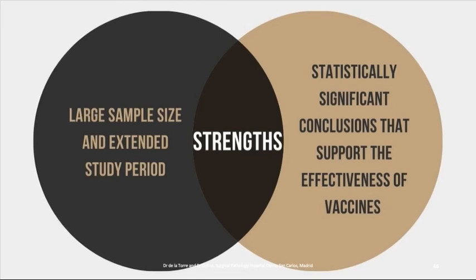As strengths, we will highlight the large sample size and extended study period, which have allowed us to draw statistically significant conclusions that support the effectiveness of current vaccines against different serotypes of human papillomavirus.